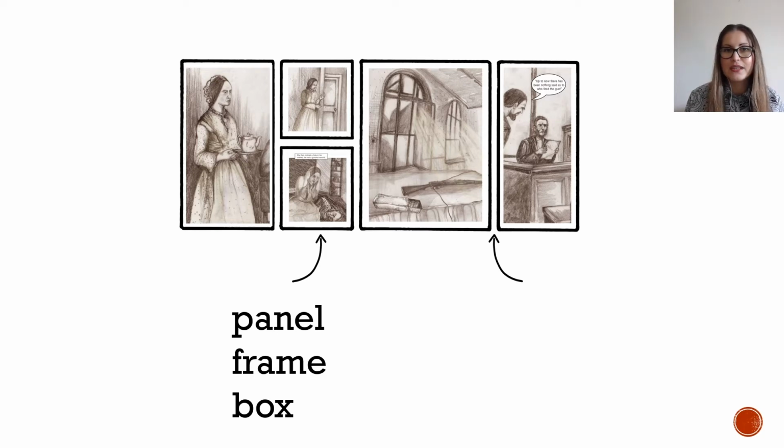A panel is an individual frame or a single drawing in the multiple panel sequence of a comic strip or a comic book. A panel consists of a single drawing depicting a frozen moment in time.